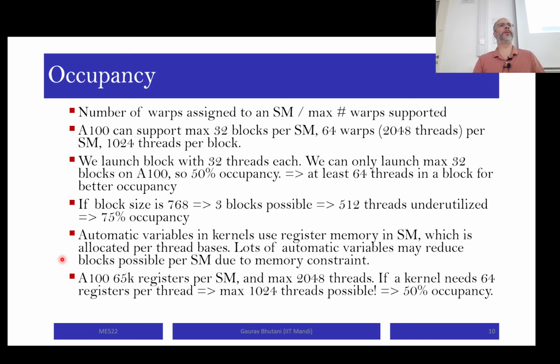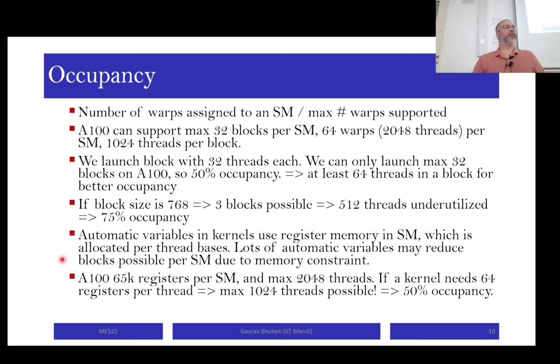Again, we will go into more detail when we talk about memory architectures, but what happens is there is some register memory on the streaming multiprocessor. Register memory is where these automatic variables are stored. So if you have more automatic variables or private variables, then you need more register memory in the given streaming multiprocessor.